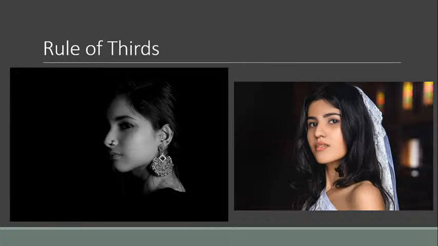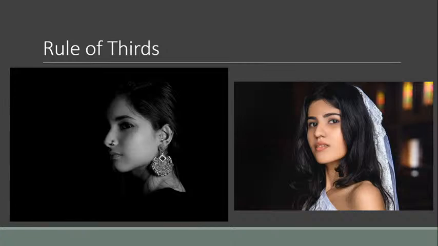It's basically that the main subject of your picture should be on one third part of your frame, such as on the left hand side of the picture, where the model is located on the one third side of the picture and not completely at the center.